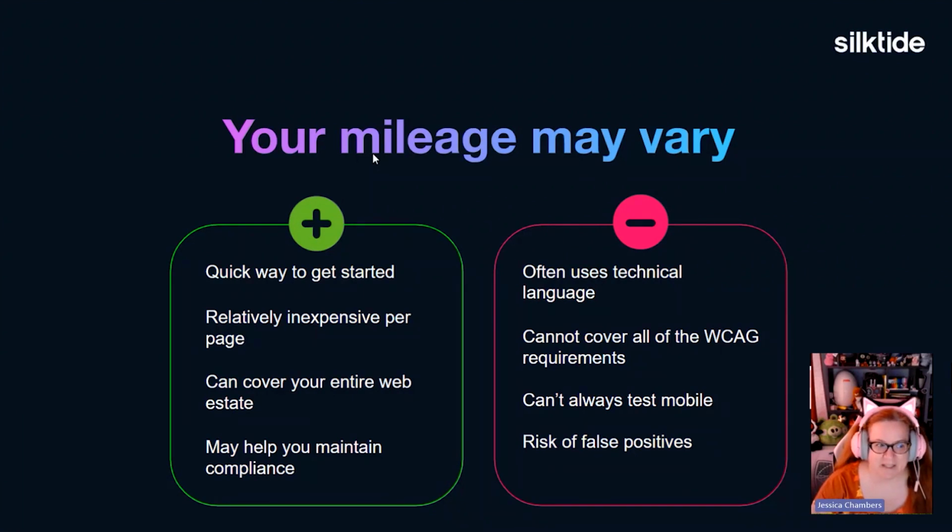That's just a reality of automated testing: honestly, they get about 40% at best, and while that's really awesome, it's not going to get you all the way there. And based on using some of the tools that are out there, there's a big risk for false positives, where it'll tell you something's wrong and you actually have to dig into it to figure out that actually it isn't.